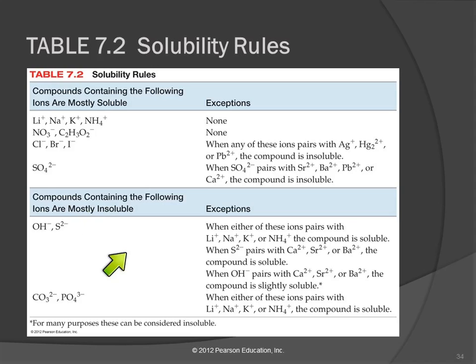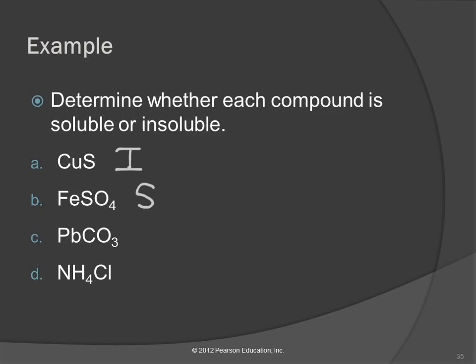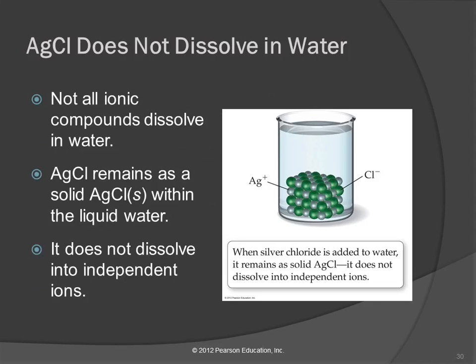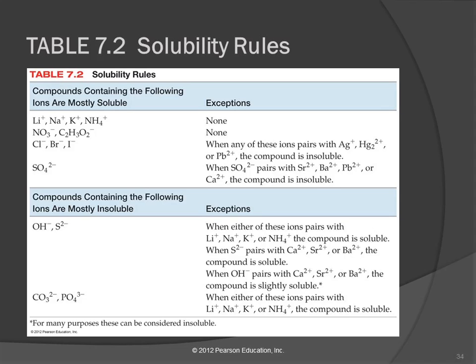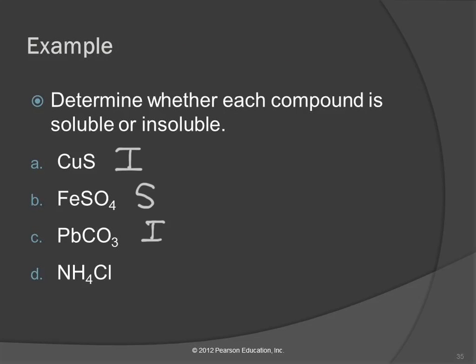Carbonates are insoluble except, not an exception. So the carbonate is insoluble. But ammonium chloride. Up here, ammonium. Ammonium compounds are soluble, no exceptions. Really don't have to look any further. So that one's soluble. You see how those work? So given the table, you should be able to identify if a compound is soluble or insoluble.